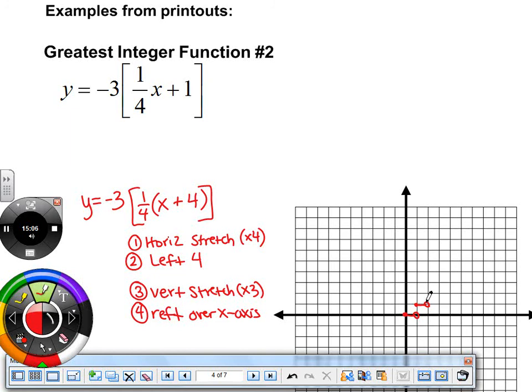Okay? So the first thing I'm going to do is I'm going to horizontally stretch my step by a factor of 4. Now remember, the vertex doesn't change. Things get stretched or compressed towards or away from the vertex. This is our vertex point right here. So that's going to stay, but horizontally stretching it by 4 means instead of being 1 unit long, my step is going to be 1 times 4, which is 4 units long.